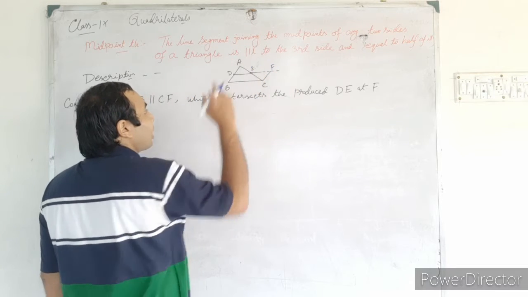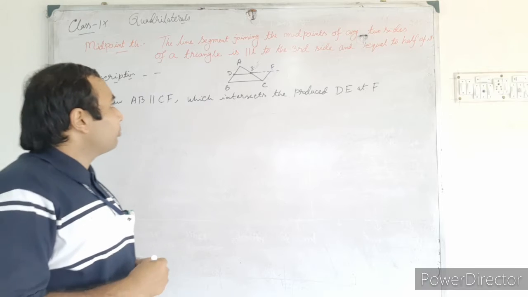Here this CF is parallel to the side AB.